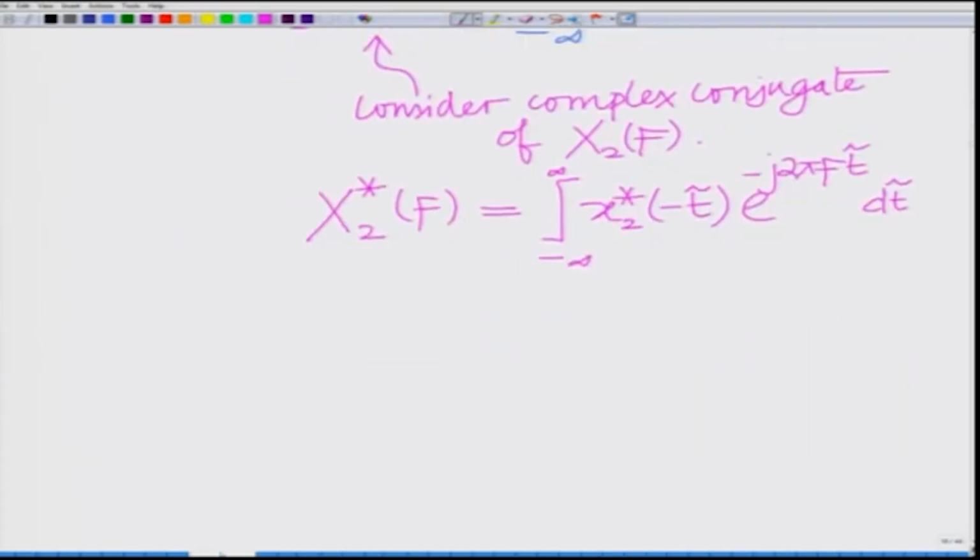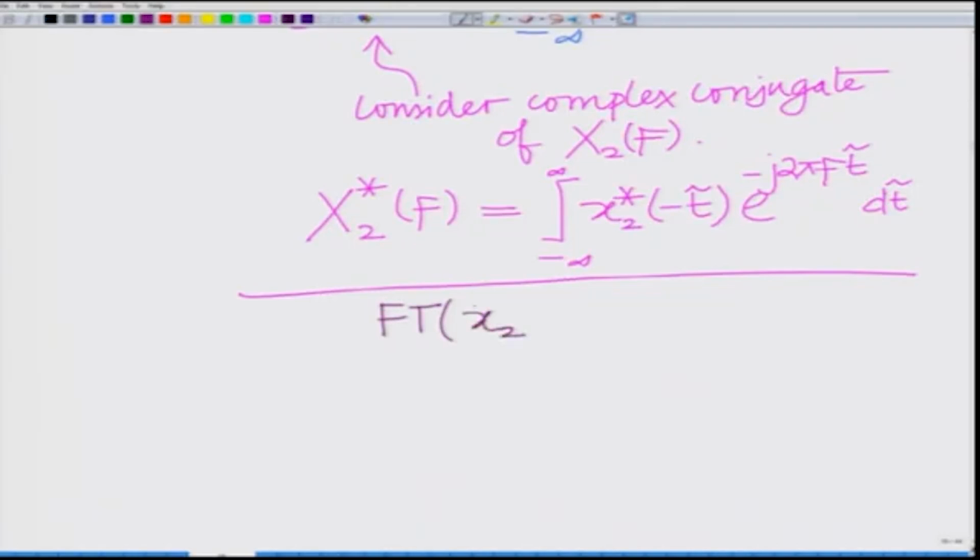And therefore, what you can see from this is that the Fourier transform of x2 conjugate of minus t tilde is x2 conjugate of f.